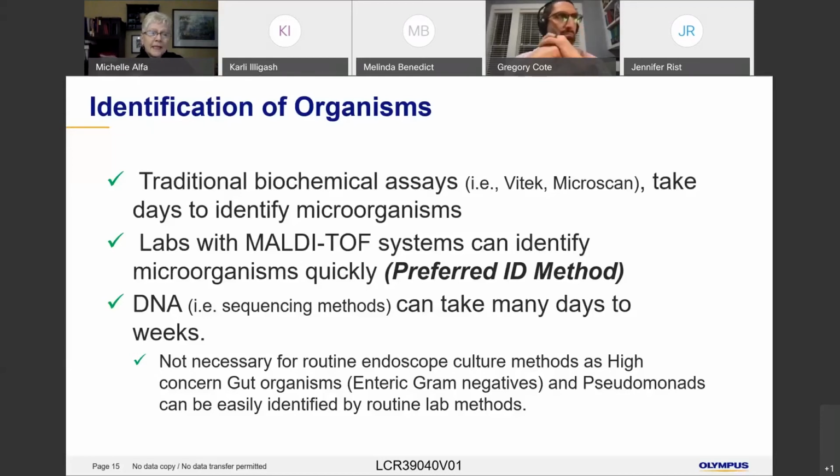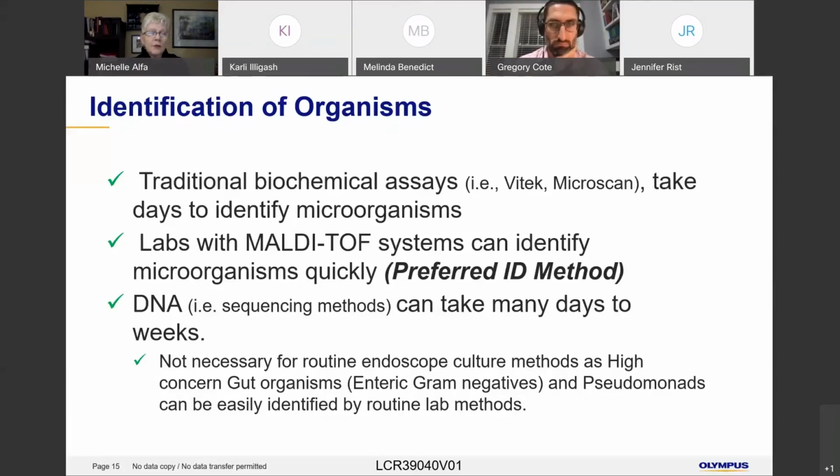The latest system that's available, and many of the clinical diagnostic labs and private labs would have this, is what's called, on the second bullet there, MALDI-TOF. These systems are wonderful because if you've got a colony growing on that agar plate, the traditional systems require you to set it up, incubate it, and then analyze the biochemical assays in 1 to 2 additional days.